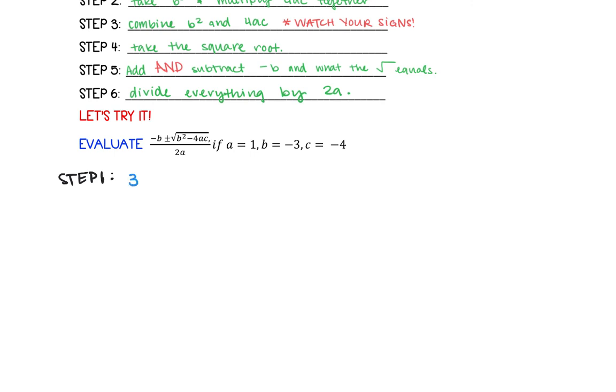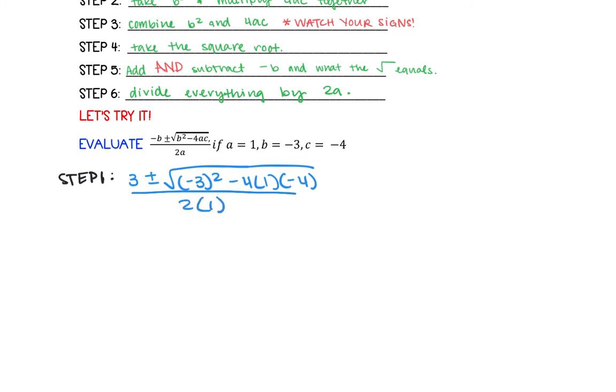So we have 3 plus or minus the square root of b squared, so -3 squared, minus 4. Our a is 1, our c is -4. Then we have to put it all over 2a, so 2 times 1.